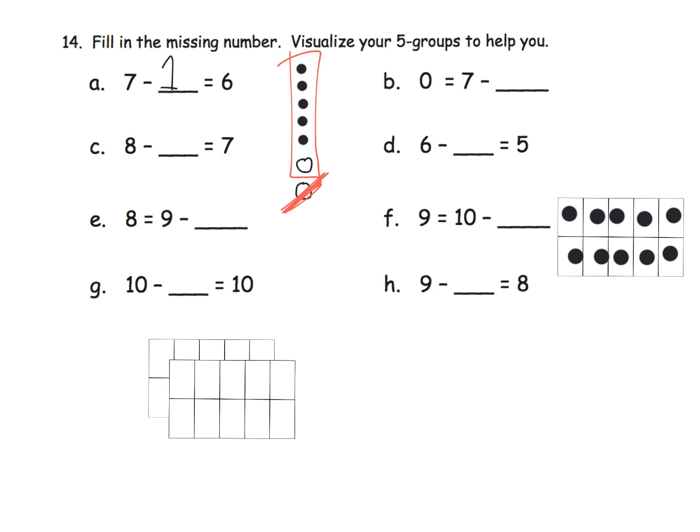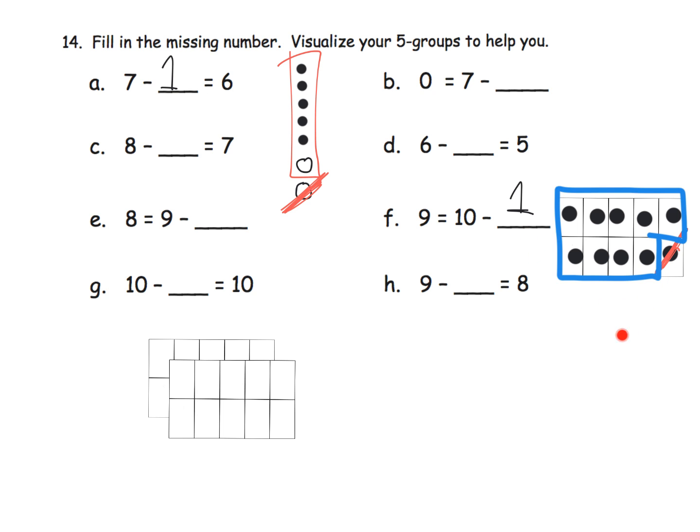And it says that we are going to go from 10, subtract something, and end up at 9. So we can see we have to cross off 1 of our little dots, and that gives us 9 left over. And so our missing value is 1.